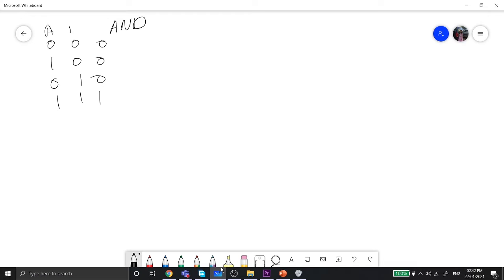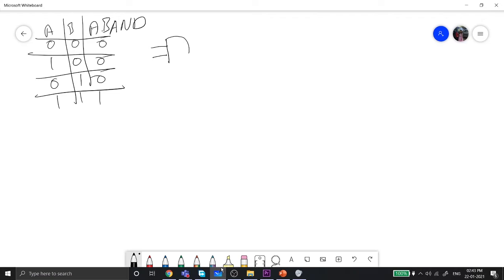This is A, this is B, this is A dot B. You must be familiar with this. You have to study this by heart. What is A dot B? It is A and B. So to implement this using the NAND gate, let's draw a NAND gate.